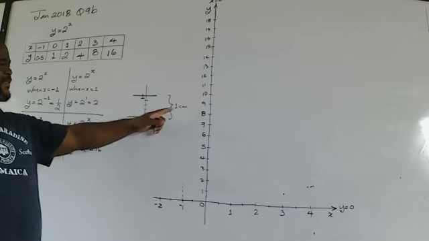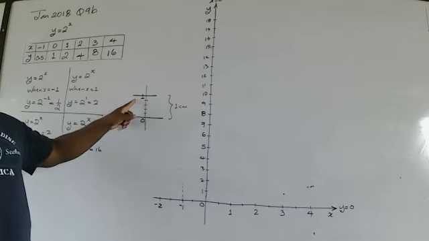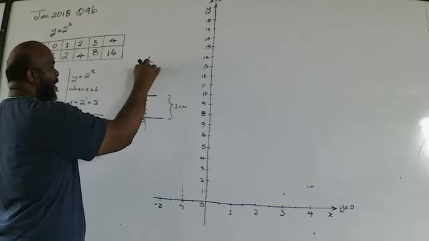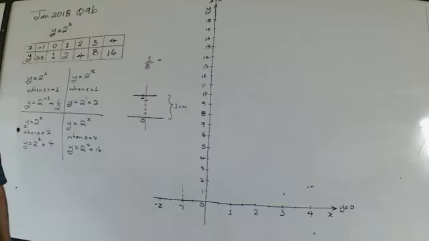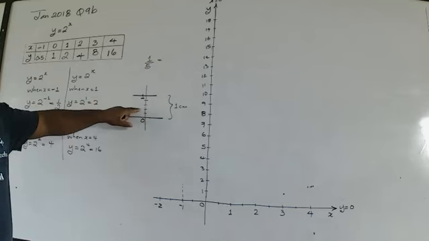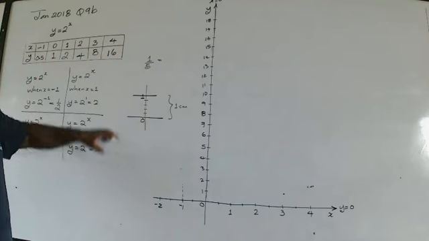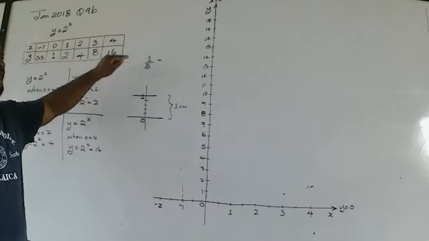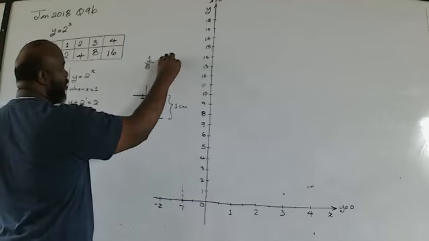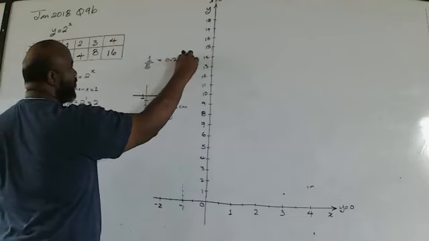But this 1 centimeter is representing 1 unit. So you divide now 1 unit by 5, what do you get? When you divide 1 into 5 equal parts, what is the value of each part? 0.2. This is 0.2 units.